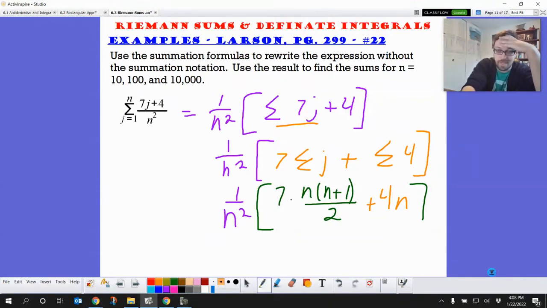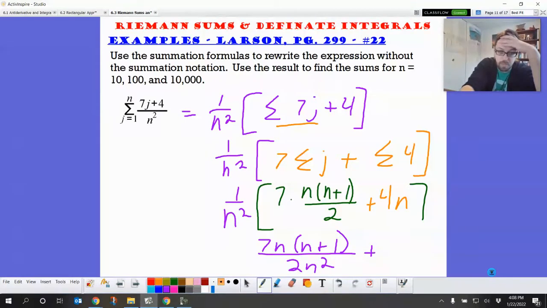So I'm going to distribute that n squared in there. So that's 7n plus 1 over 2n squared plus 4n over n squared.